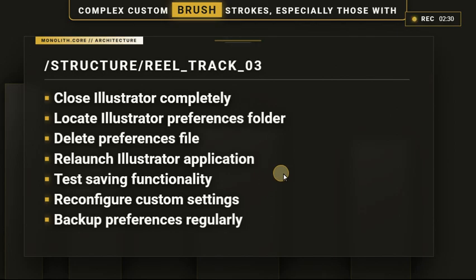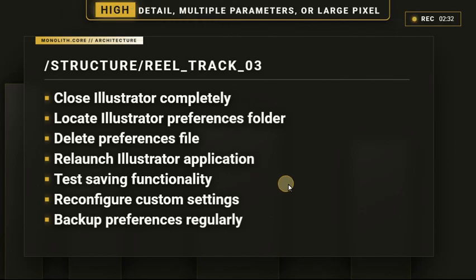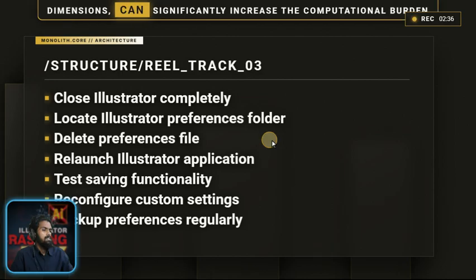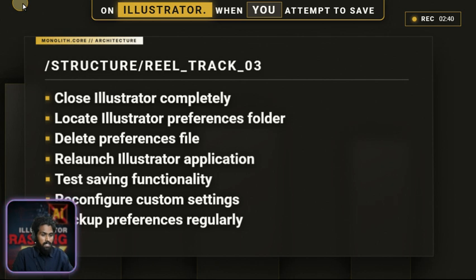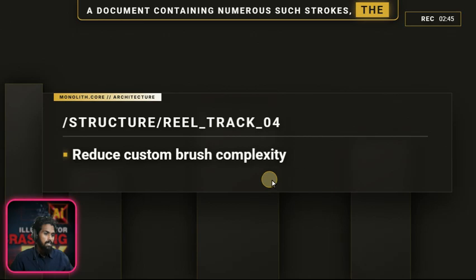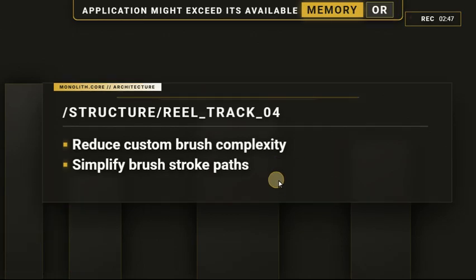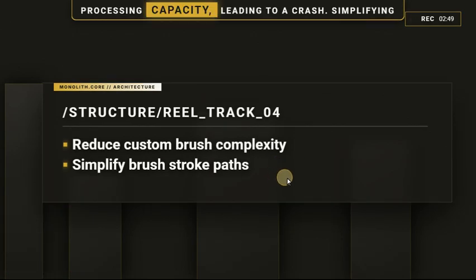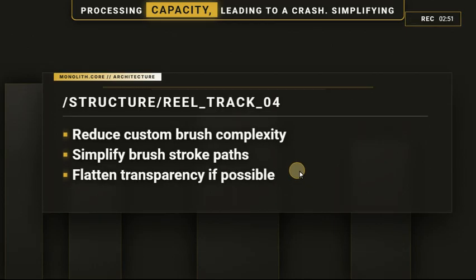Complex custom brush strokes, especially those with high detail, multiple parameters, or large pixel dimensions, can significantly increase the computational burden on Illustrator. When you attempt to save a document containing numerous such strokes, the application might exceed its available memory or processing capacity, leading to a crash.